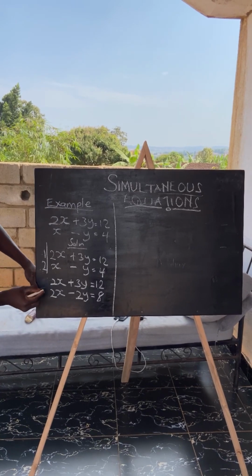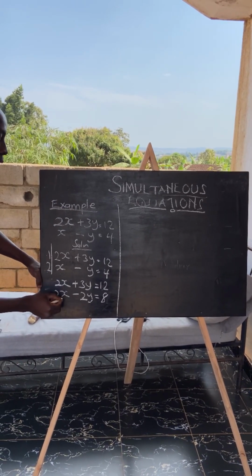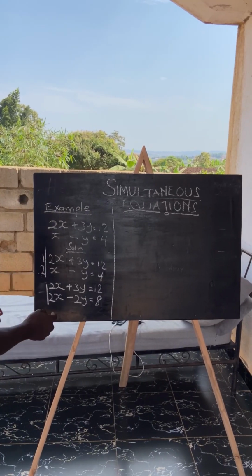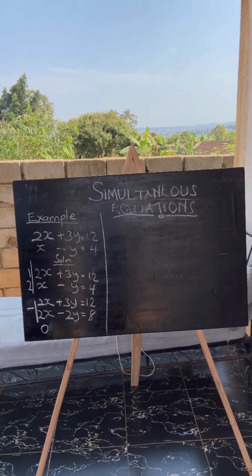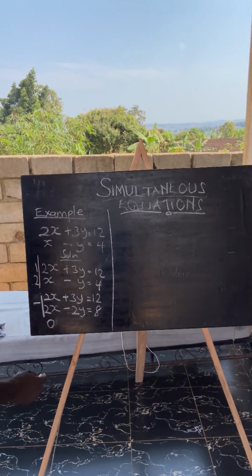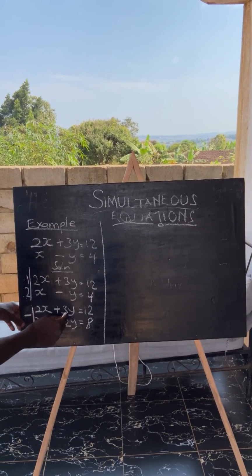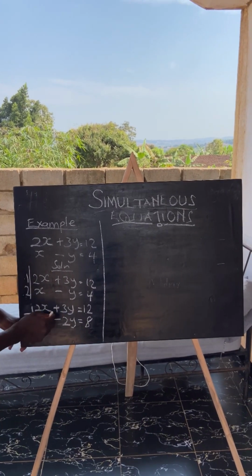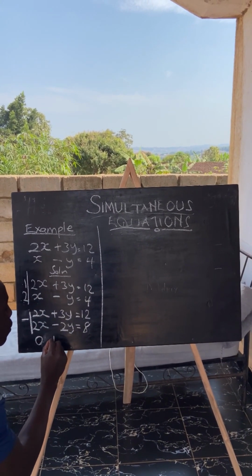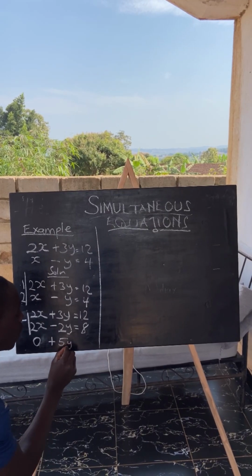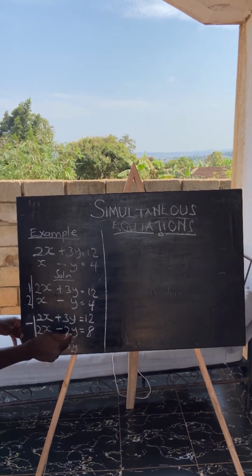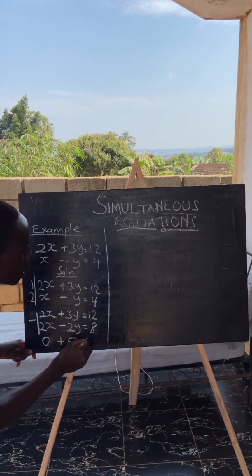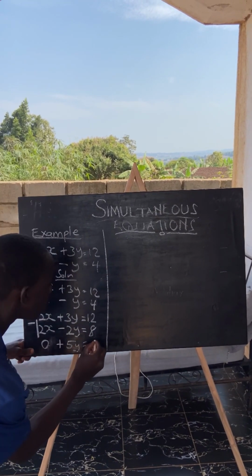So we'll be eliminating the x, since it's the one we used. So we look for a sign that will eliminate our x, I'll just say 0. Here we are having a 3y positive, minus minus, which will be a positive, becoming a positive 5y. Then 12 minus 8, maintaining the equal signs, which will be 4.